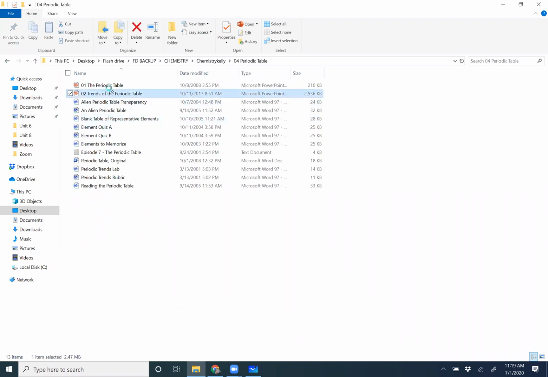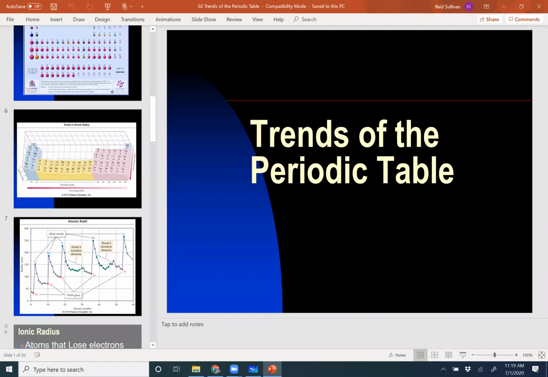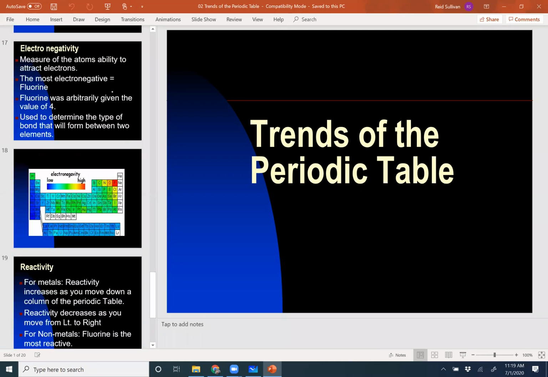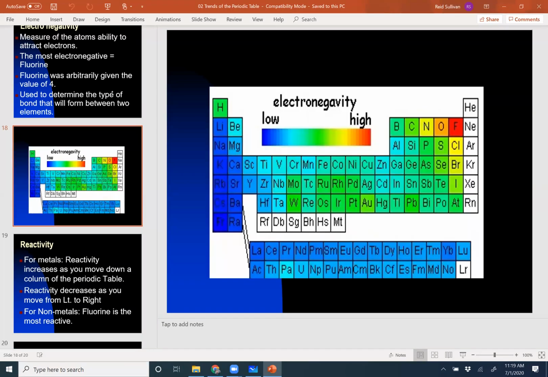There we go. So if we look at this picture of the periodic table in terms of electronegativity, right here, we can see that the highest electronegative elements are the negative ions or the nonmetals, and the lowest electronegative elements are the very reactive metals in the lower alkali and alkaline earth metals.